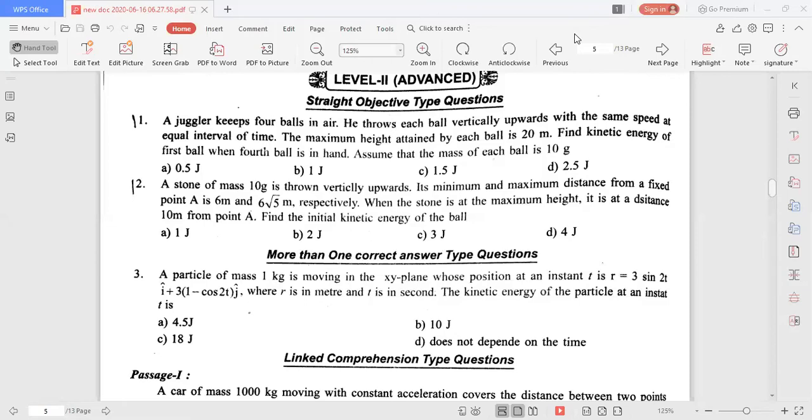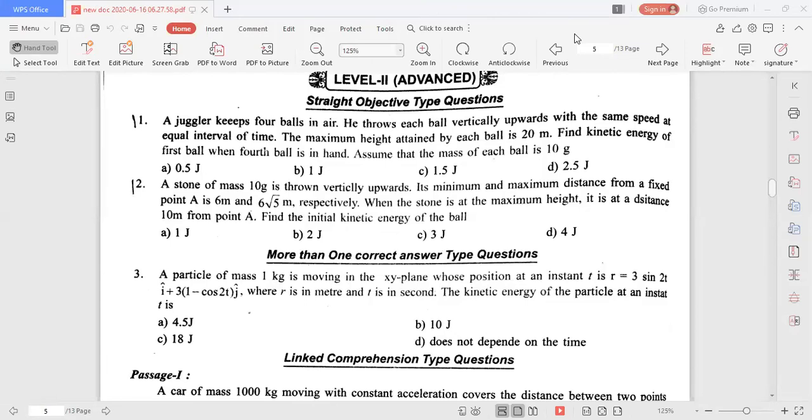Okay, now we differentiate them. 3 i cap into the differentiation of sin 2t with respect to t, which is cos 2t into 2, because the coefficient of t is 2. In differentiation we multiply with the coefficient, in integration we divide with the coefficient. Plus 3 j cap into, here differentiation of the constant 1 is 0, so minus d by dt of cos 2t, which gives minus sin 2t into 2.